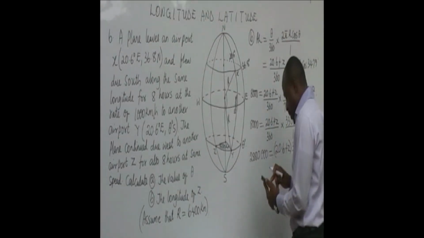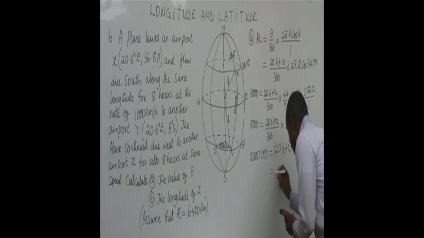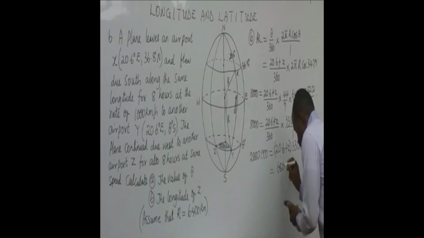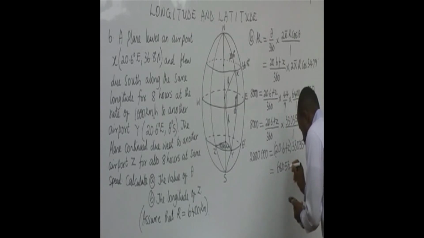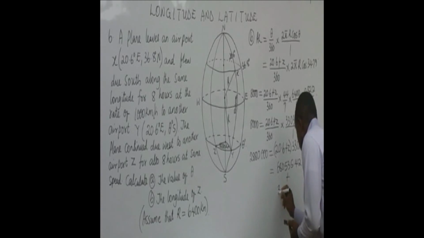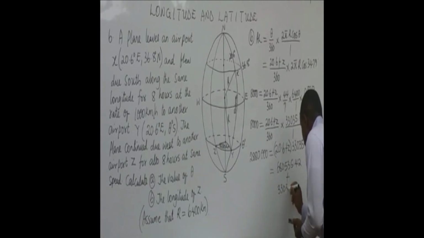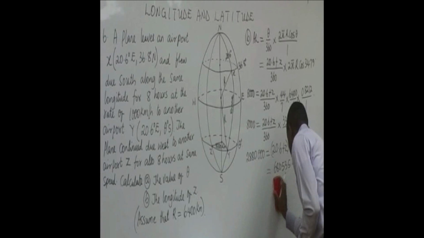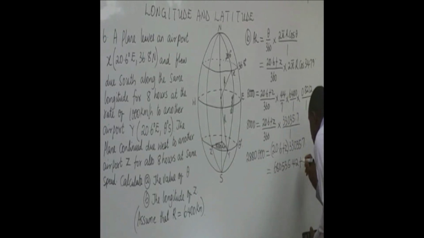So let's multiply out now. It's giving us 680,535.42, plus Z times this will give you 33,035.7 Z. Let's write this value here so that it will not be confusing. Plus 33,035.7 Z. Yes, it entered.